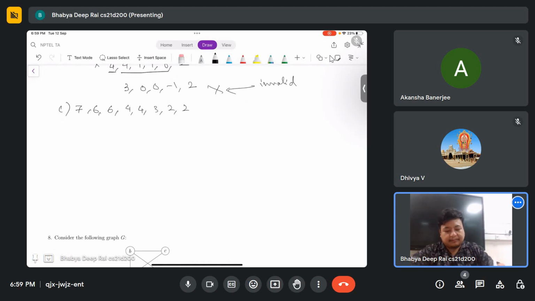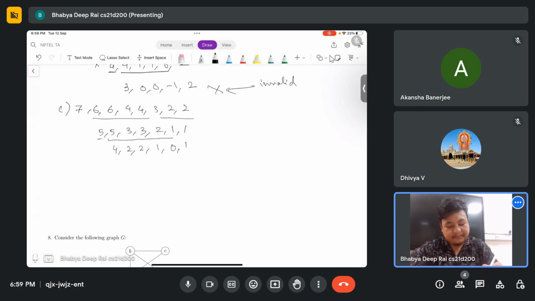Let's try that. Take the first 7 and do minus 1. Now there's 5, so take the first 5 and subtract 1. So 4 2 2 1 0 1. Take the next 4 and subtract 1, then you get 1 1 0 minus 1 1. And this will clearly not work, you got a negative number.